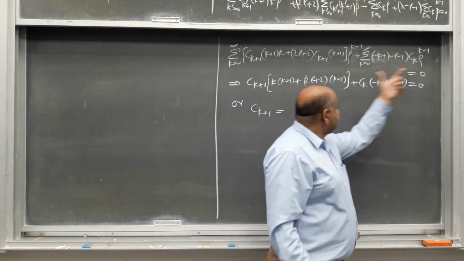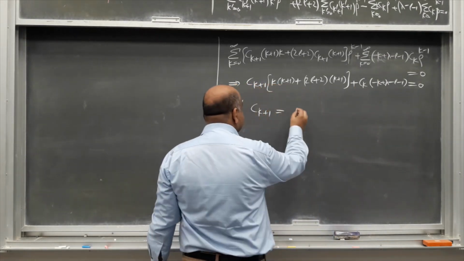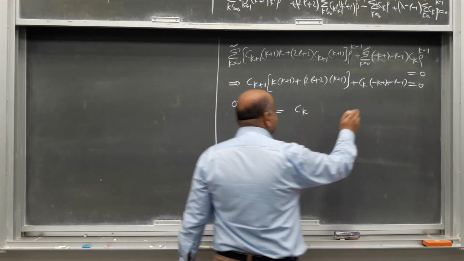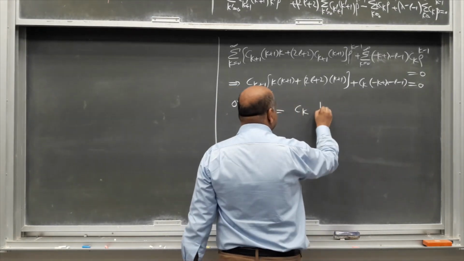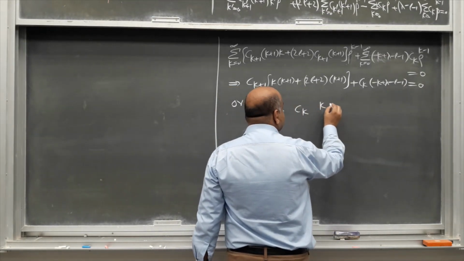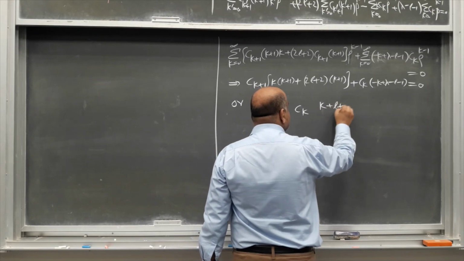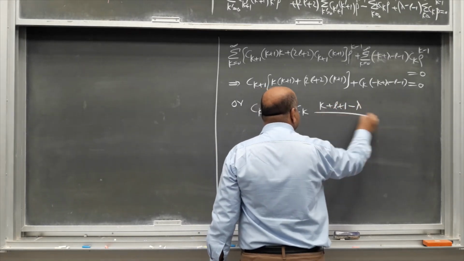Let me take all of this to the other side, so this becomes minus c k, and let me absorb that minus inside this term, so this becomes k plus l plus 1 minus lambda.